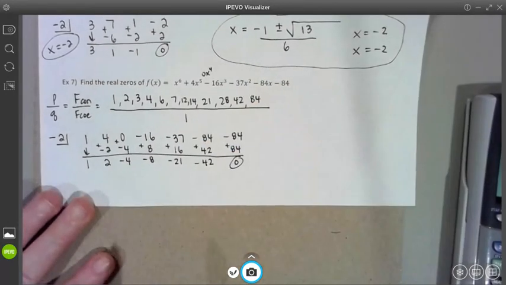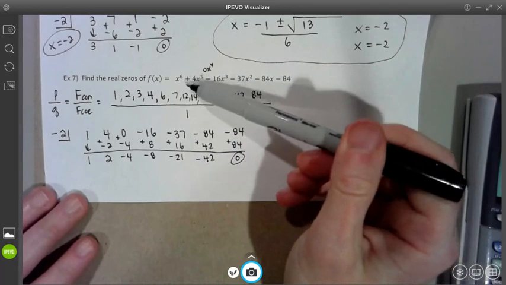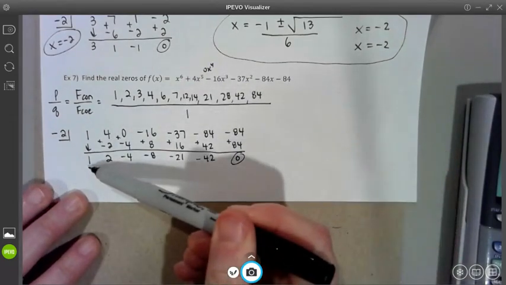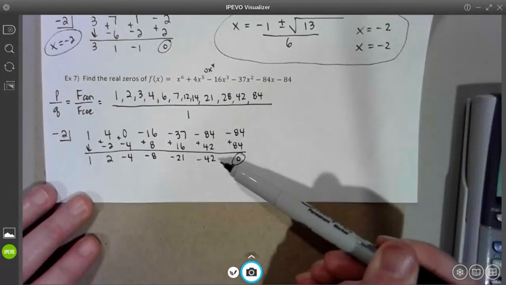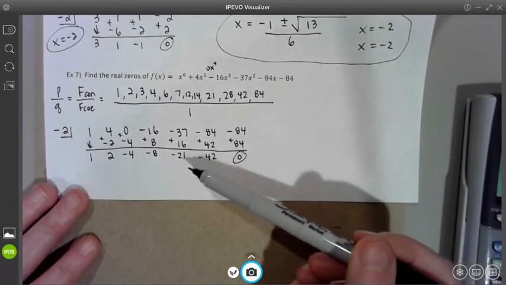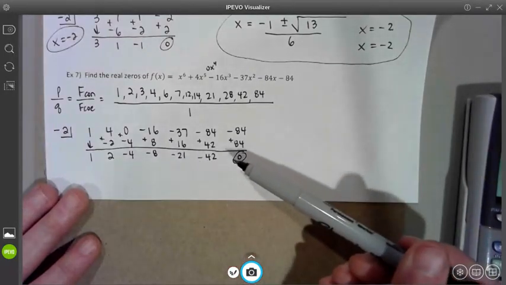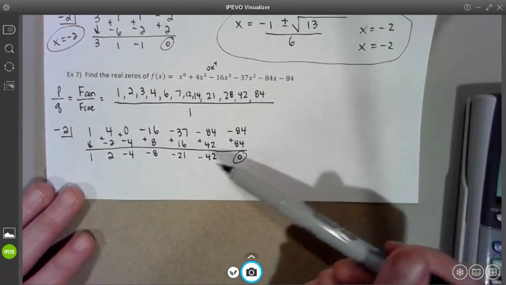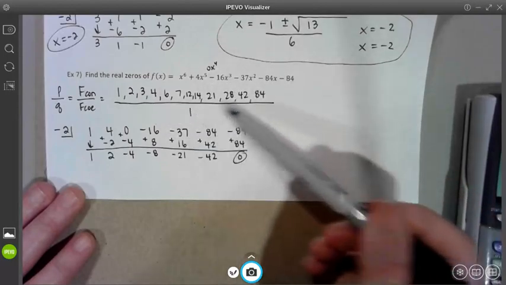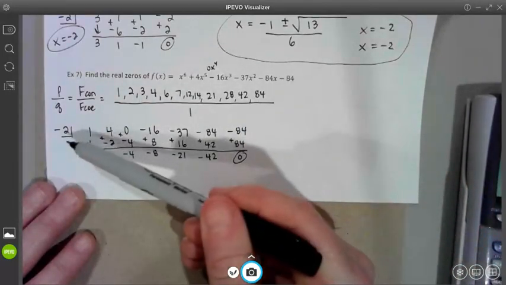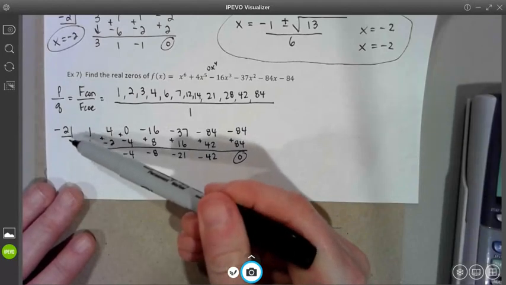0. There it is. So now this degree 6 polynomial, after one round of synthetic, has turned into the coefficients of a degree 5 polynomial. So again, it's not really getting us much anywhere. It's not like I'm going to be able to factor this degree 5 polynomial with these wild coefficients. So I'm going to keep going. You could go back to your list of potentials and try another one. But again, sometimes the higher the degree, the more potential you have for multiplicities, for double roots.